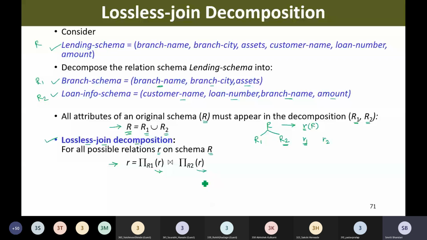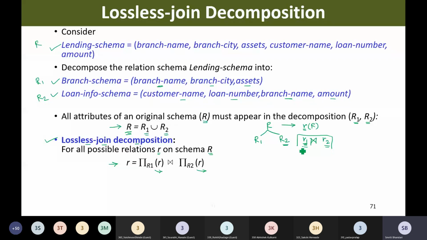The relation r2 is what we get by projecting our original relation r with respect to the attributes of schema R2. If we have these two relations and we find the natural join of these two relations, this should provide me the original relation r. So this is the condition that we need to satisfy for lossless join decomposition.